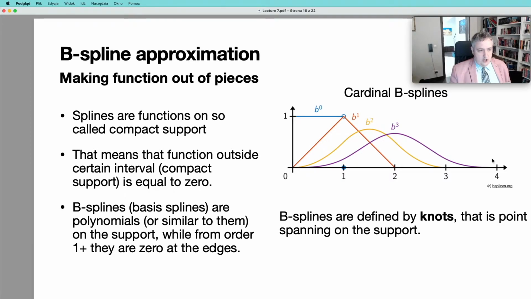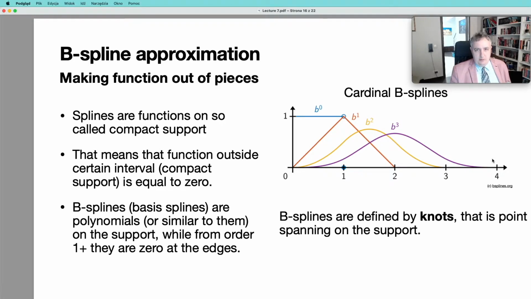So generally, spline functions are limited to certain intervals. They give you smoothness up to a certain degree, so they don't have an infinite number of derivatives like polynomials do.